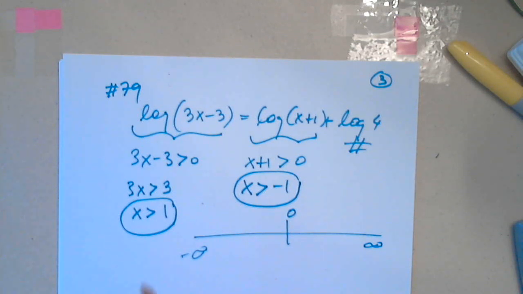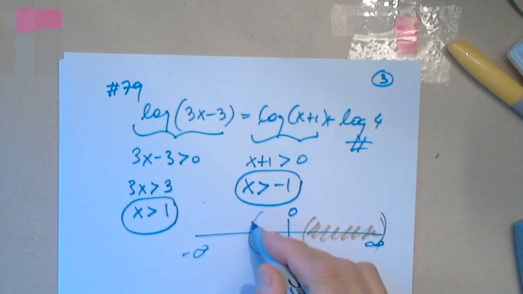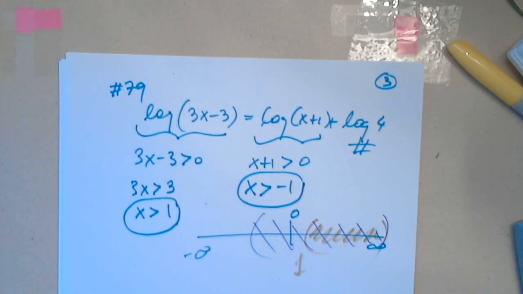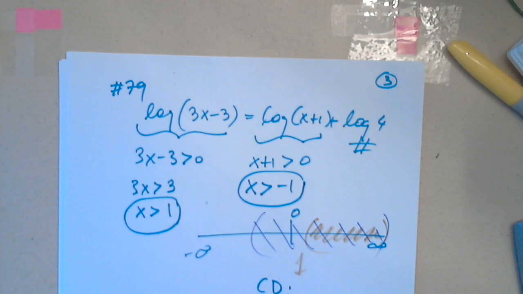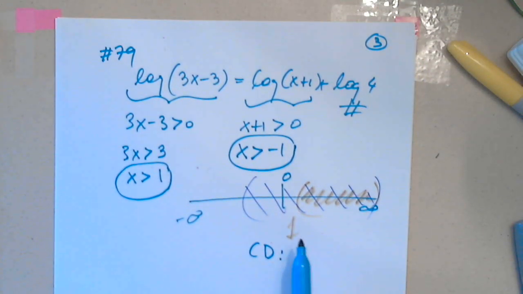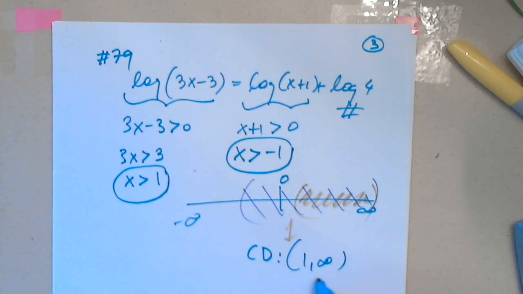So the first one is greater than 1. The other one is greater than negative 1. I should stop graphing at some point because I think we are getting the idea. So what is the common domain then? If it's greater than 1, then we don't have to worry about it being greater than negative 1, so just 1 to infinity. That's it. Awesome. Great answer.